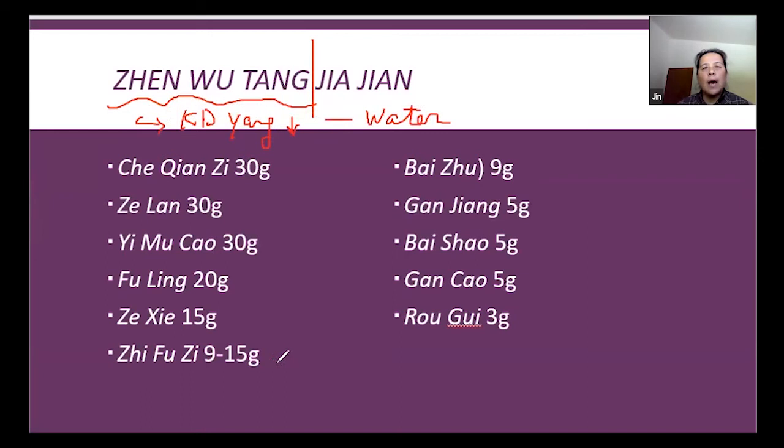Certainly we can add some other herbs. We're talking about water disorder, which is not only from the kidney, but may also be caused by the spleen not working.